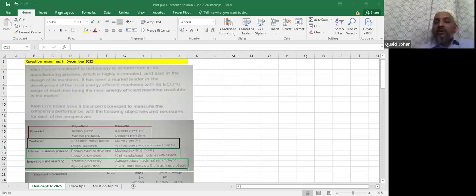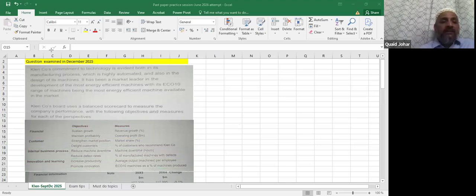Eco 10 is a new technology, so new technology machines as a percentage of the machines produced overall. So those are basically the 4 perspectives which are being covered.